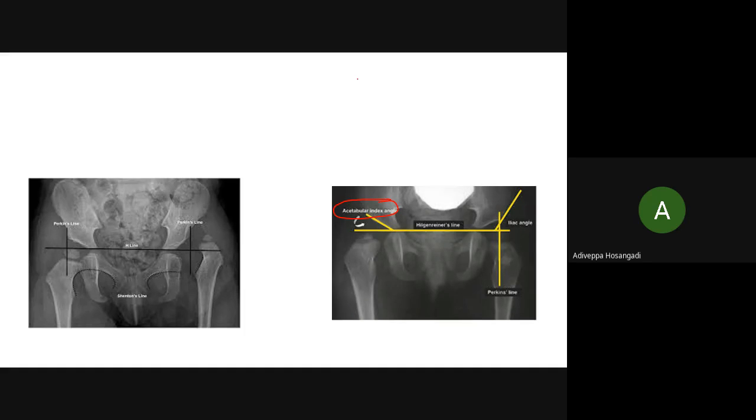If the acetabulum is like this, vertical, the head can easily dislocate. If the acetabulum is horizontal, the head cannot go up. So if the acetabular index is high, it means the acetabulum is becoming vertical, so there is a possibility that the head can dislocate. So a high acetabular index is a risk factor for CDH.